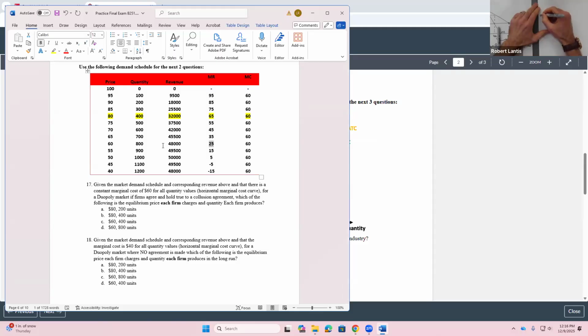But let's say I have firm one, and they have two decisions, right? They can set half the monopoly quantity or half the perfectly competitive quantity. So what are going to be the payoffs of this game? Well, if they both set the perfectly competitive quantity, in the long run, what are profits going to be?